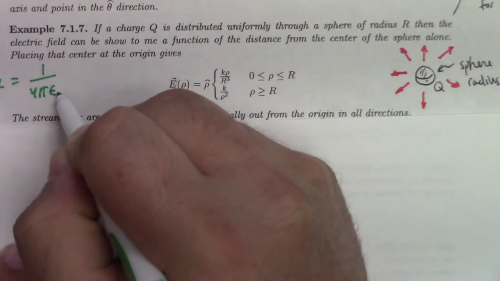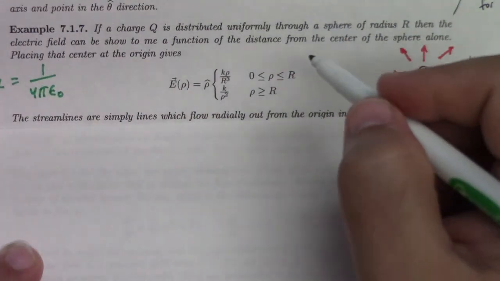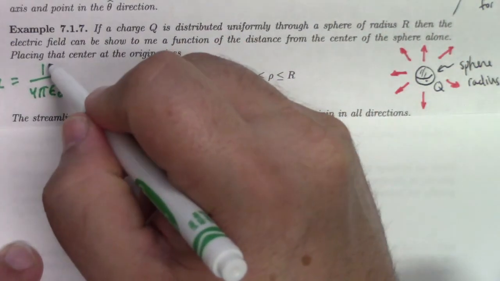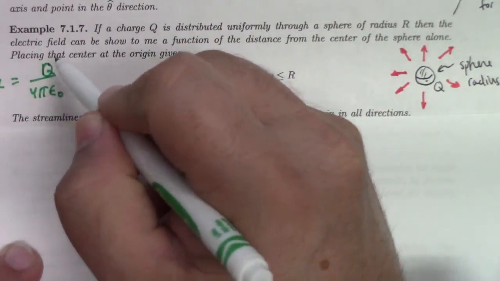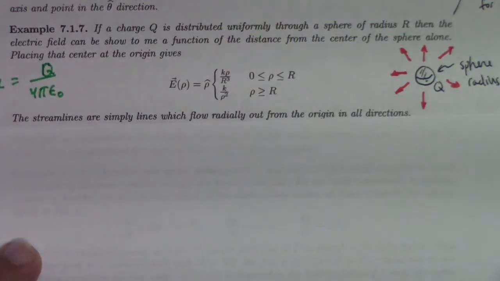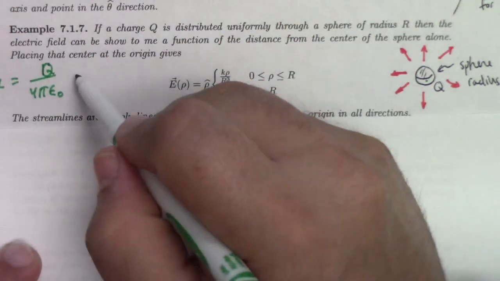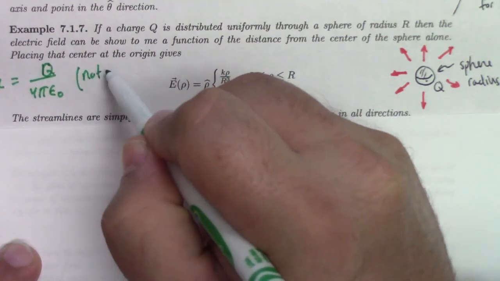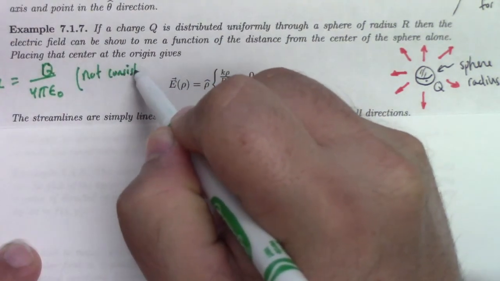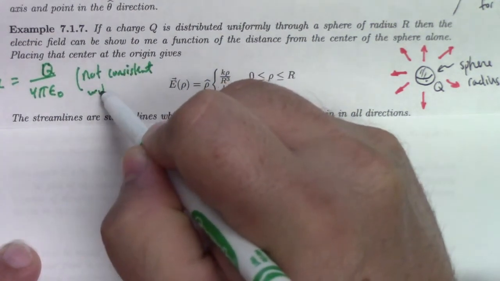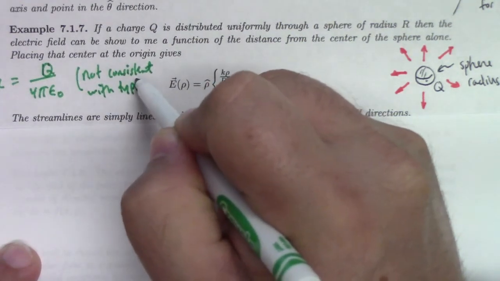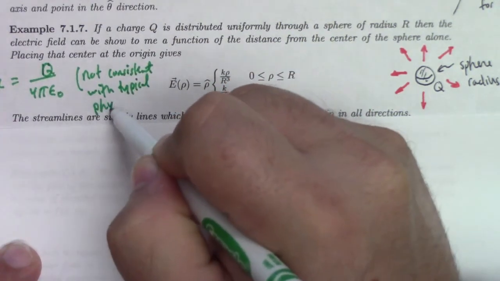I'm not doing that here. Here my k is actually probably q over 4 pi epsilon naught, which is not consistent with typical physics notation. My bad.